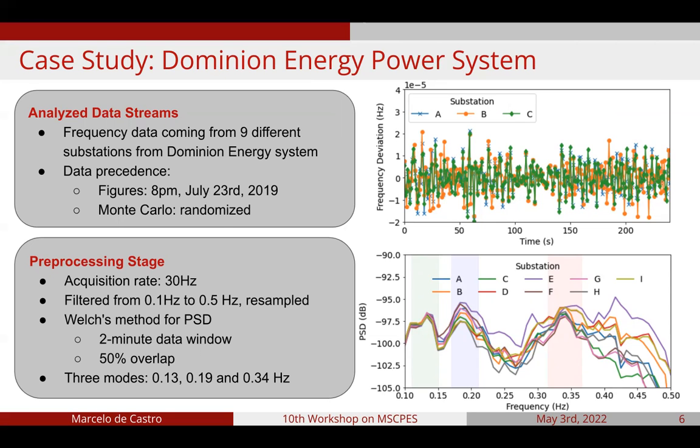And by doing such analysis, the data displayed on the right upper part of the slide is used to obtain the PSD, which is shown in the lower right corner, highlighting 3 modes. As you can see, there is one highlight centered at 0.13, one at 0.19, and another one at 0.34 hertz.